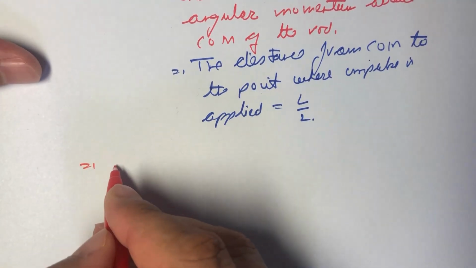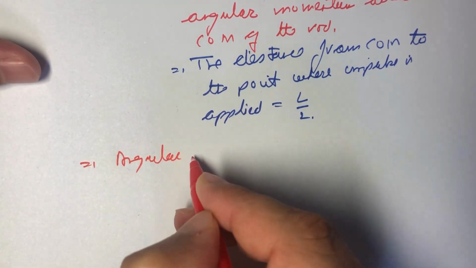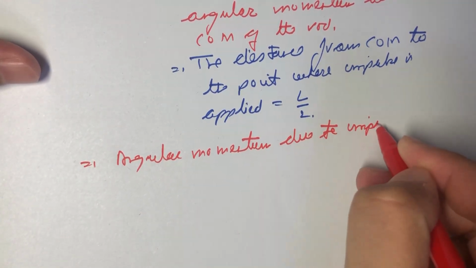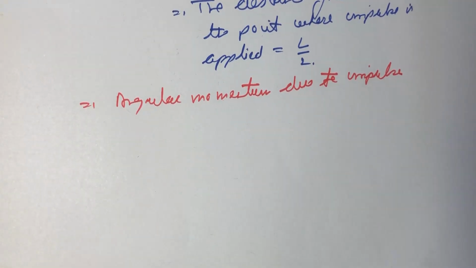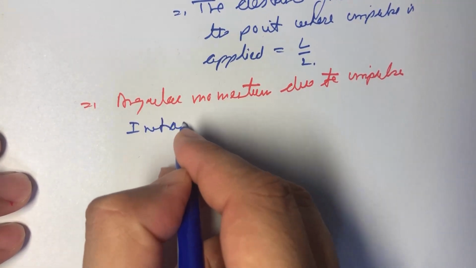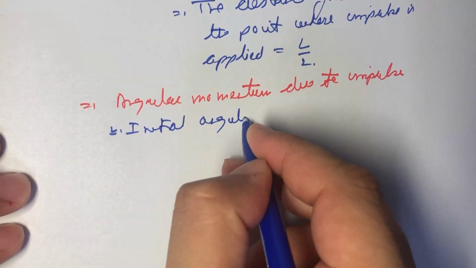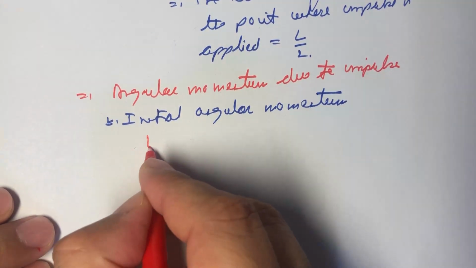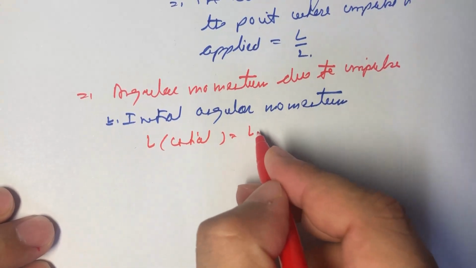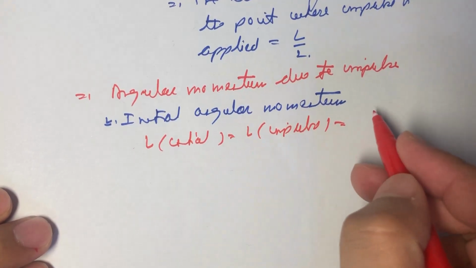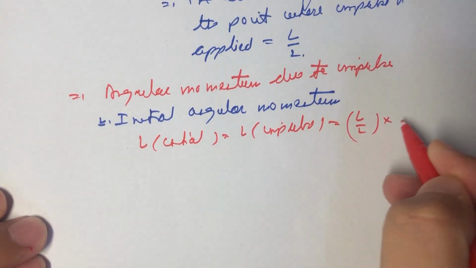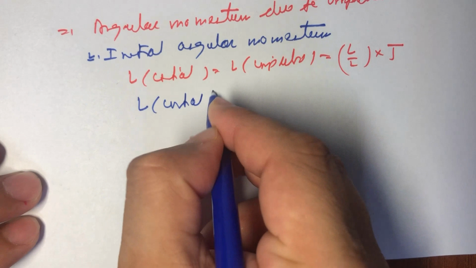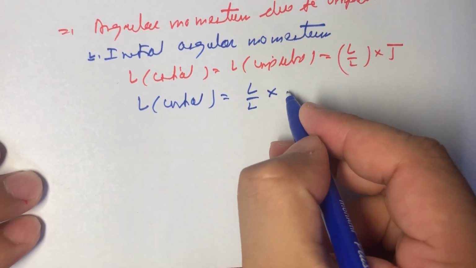Therefore, the angular momentum due to impulse, which we can also call the initial angular momentum, L initial, will be equal to the angular momentum due to impulse, which is L by 2 multiplied by the impulse J. Therefore, L initial is equal to L by 2 multiplied by mass into velocity, mv.